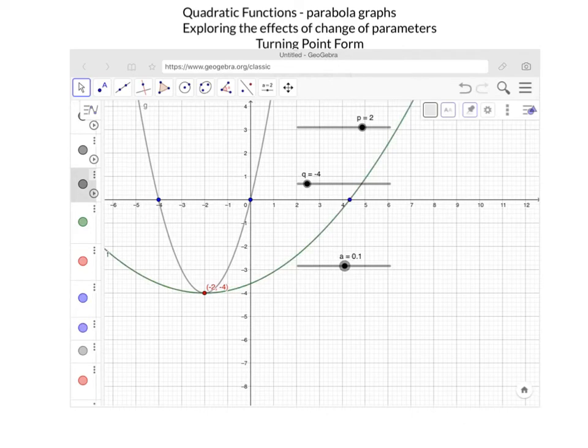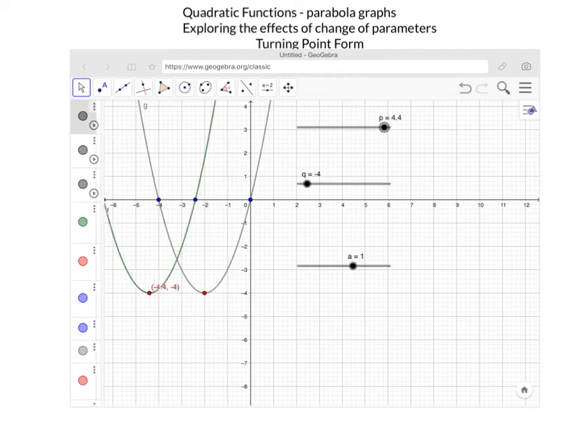Now let's see what is the effect of change in p. Now this is very interesting because it is contrary to our intuition. If I increase p, that is, I'm moving p towards the right, the graph will move towards the left.